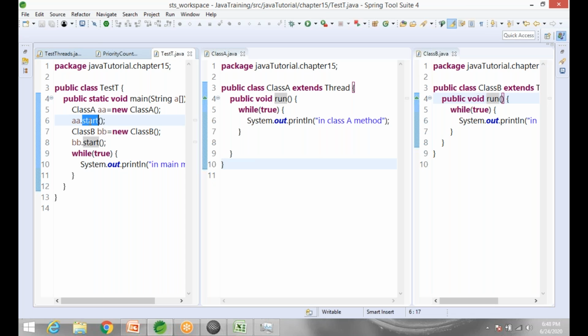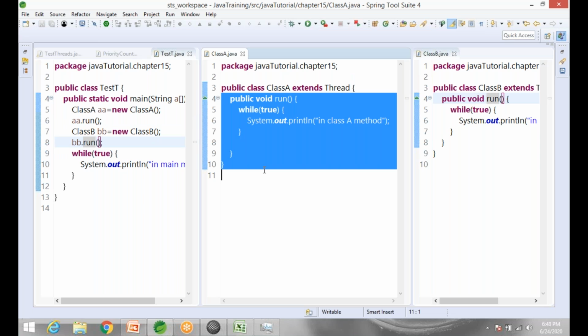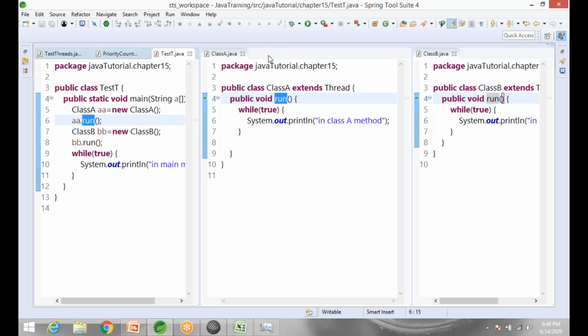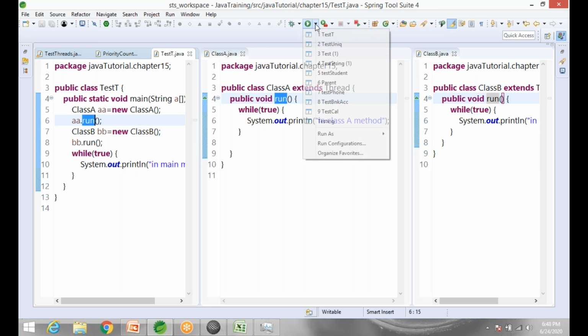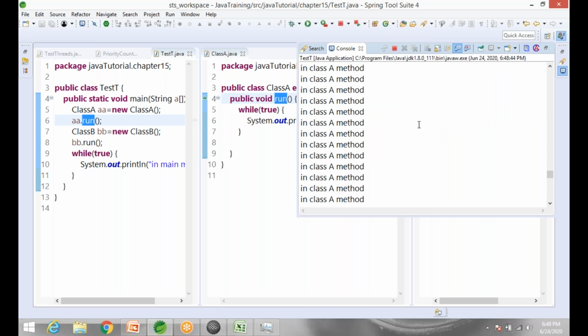Now, if I call run instead of start, this would be sequential. The start method is the one indication that this program should be running in parallel mode. If I just call run, just because the method is called run, this is not parallel programming. This will turn into routine sequential programming.